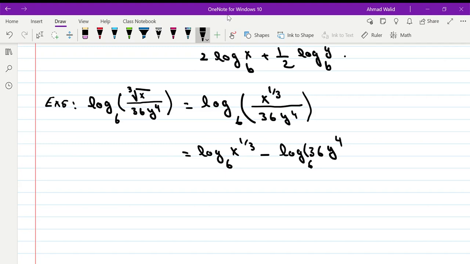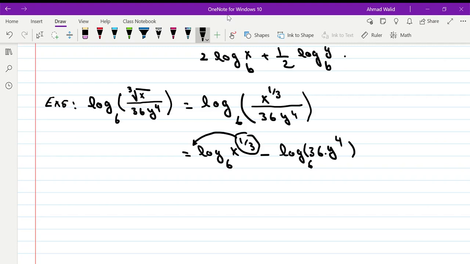But here you see 36y to the power of 4. It's again a product rule. You can simplify it as addition, right? Here you can bring the exponent to the front. You can apply the power rule.